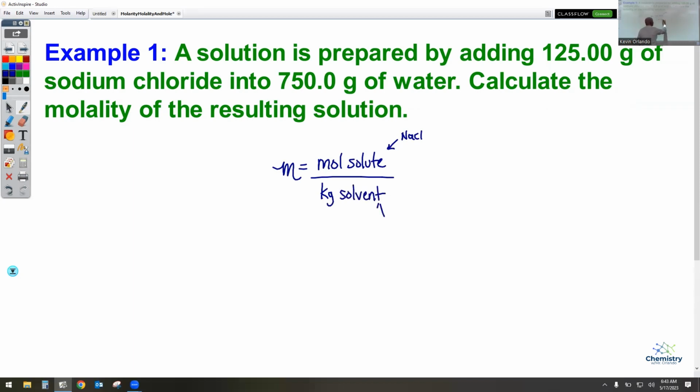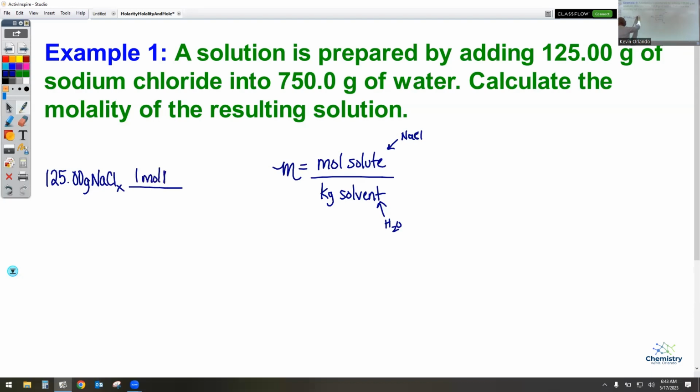In this case, our solvent is just water. So let's tackle that first part. We're looking for the moles of solute. We're going to start by taking our 125 grams of sodium chloride and converting that to moles.